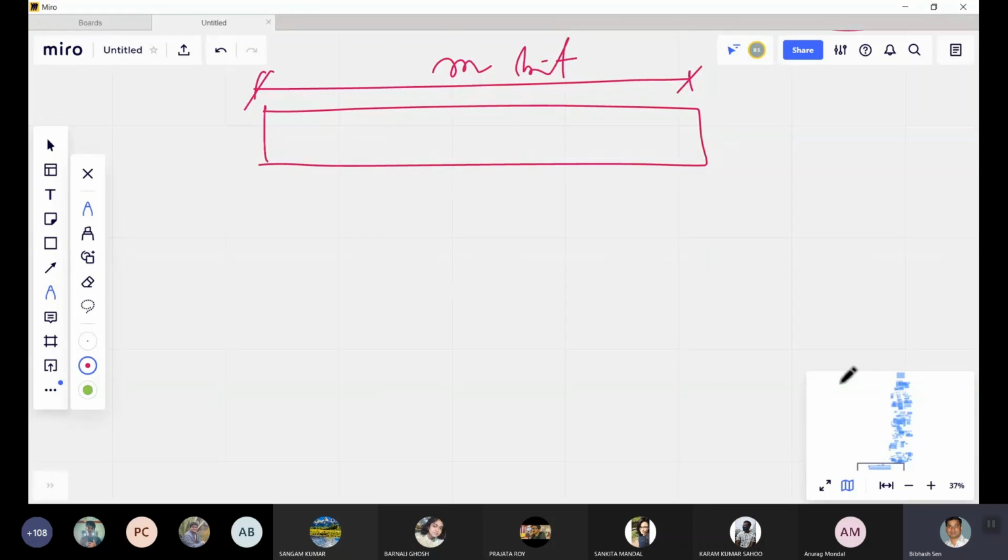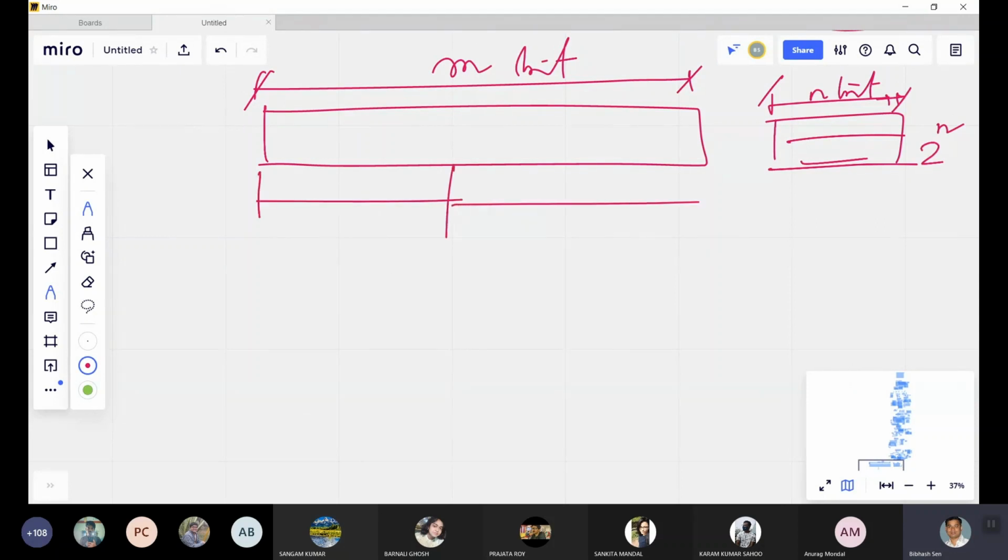M bits are there, and if the cache size is n, because total locations are 2 to the power n, so n bits for the cache line. So what will be the tag size at that time? What is the tag size and what is the set size? This is for the tag and this is for the cache.